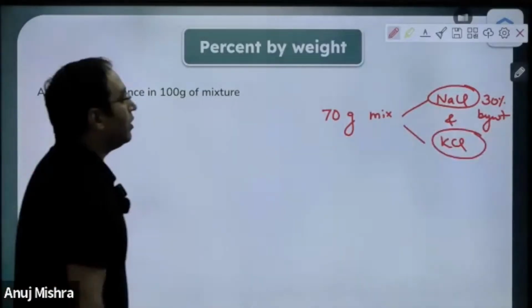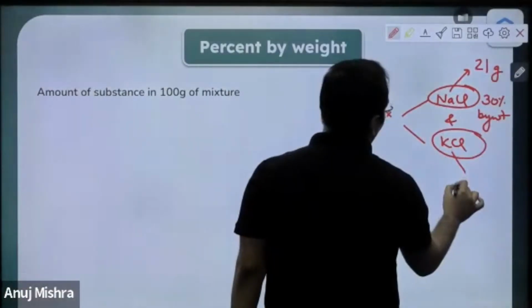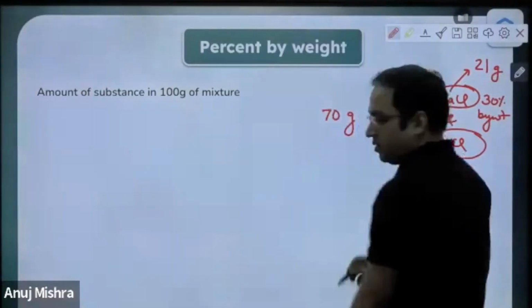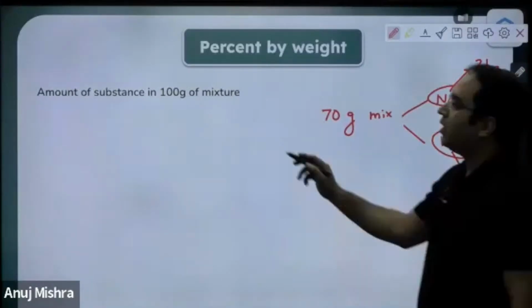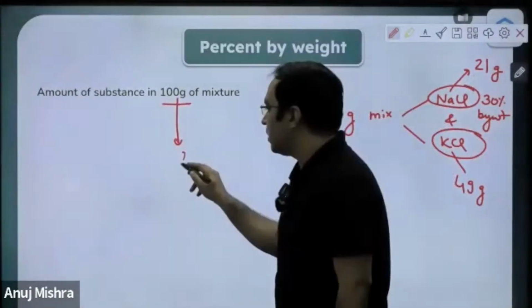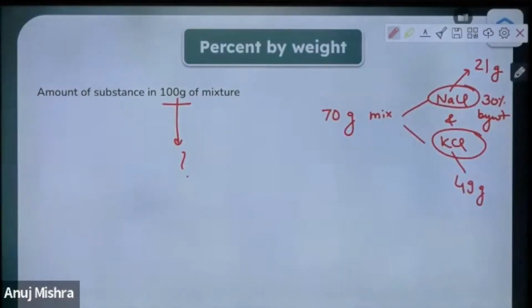Good. 70 ka 30% is 21 gram and this will be 49 gram. It's a direct question. Percentage पे question हो गया सीधे सीधे कर लोगे तो बहुत easy सी बात है. So percentage means what? 100 gram में how much? That is called percentage. चलिए ये तो बहुत easy सी बात थी.